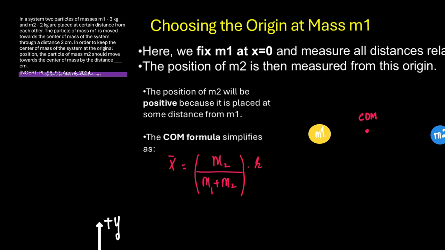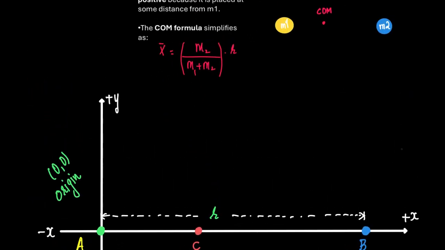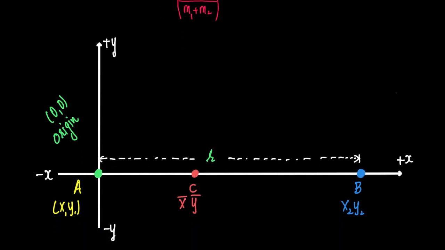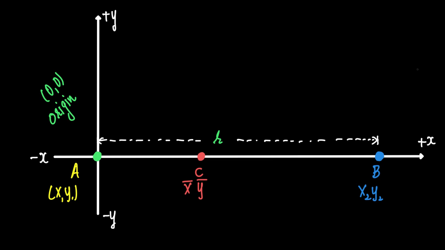Okay. So let's try to see the detailed version of this formula. How did we arrive at this? So if we were to put these given m1 m2 into a graph, we have m1, center of mass, and m2, right? So we have m1 which is placed at a.